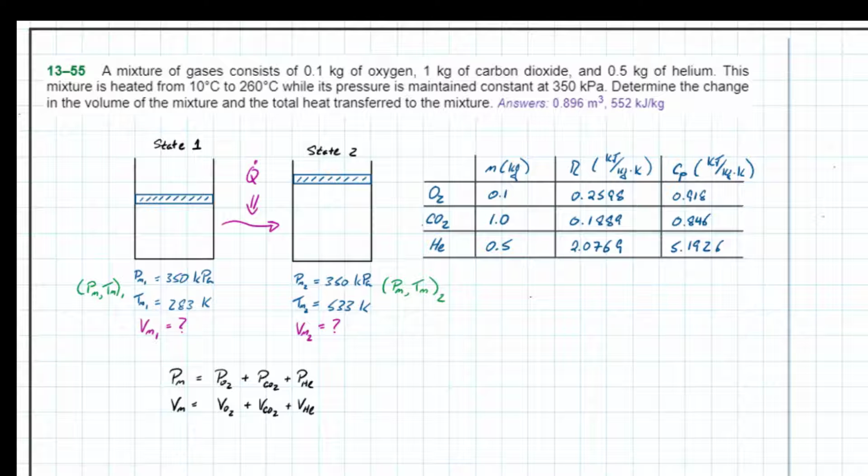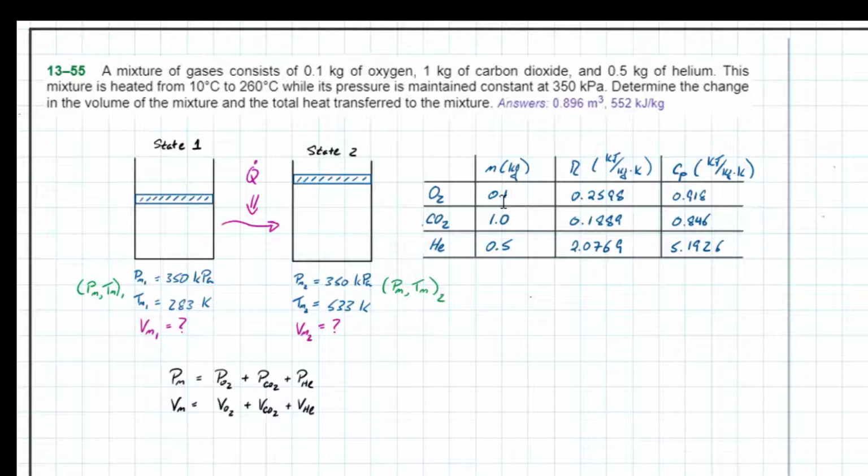And the specific values of the given masses, the gas constants, and the specific heat at constant pressure are given over here in this table. So if we want to start at state 1, we can utilize the ideal gas law.